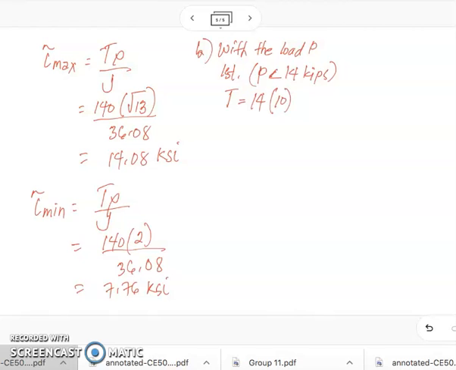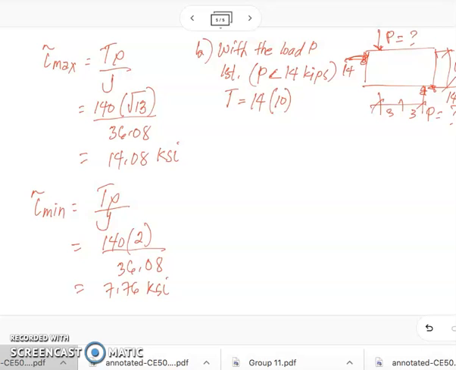If this was the plate from a while ago, we have here our 14, this is our 14, and that distance is equal to 10. And we are going to apply here our P. This is our unknown.